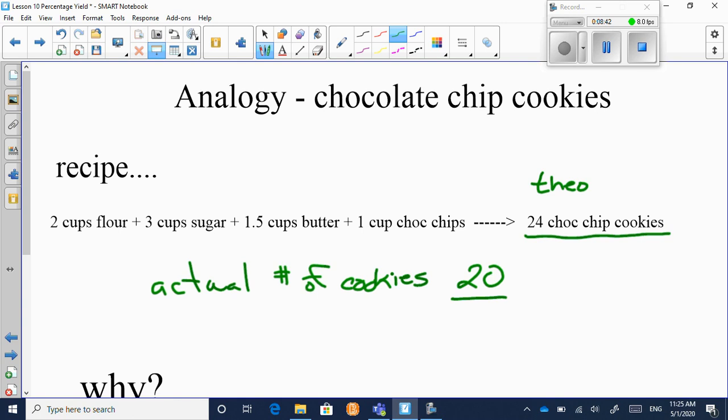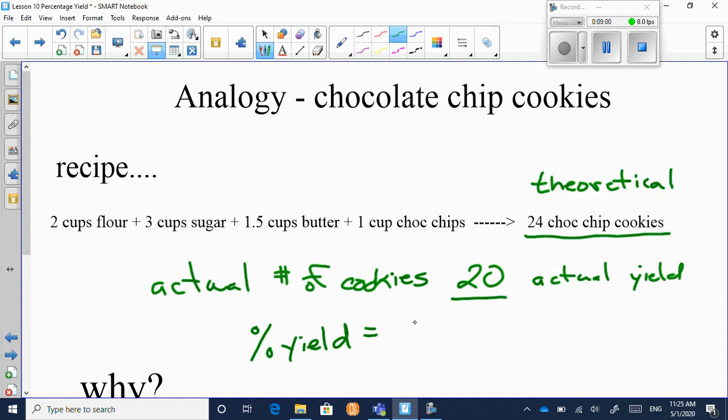That's what the recipe suggests is the theoretical yield. The 20 is the actual yield. So my percent yield from my day of cooking would be 20 divided by 24 times 100, and I got an 83% yield.